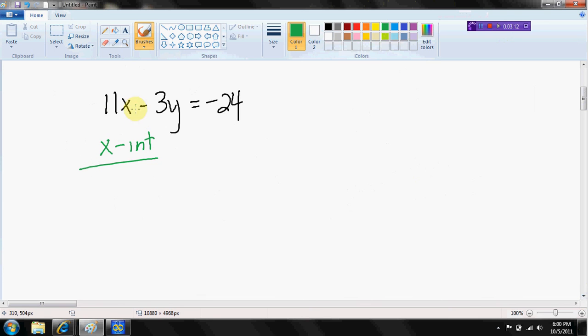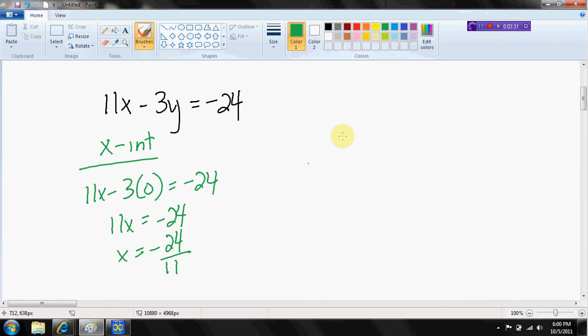So let's see here. To find the x-intercept, I'm going to put in a 0 for y, and I'm going to solve for x. So we have 11x equals negative 24, and the x-intercept then is negative 24 over 11. And the y-intercept, let's see, we'll use blue.